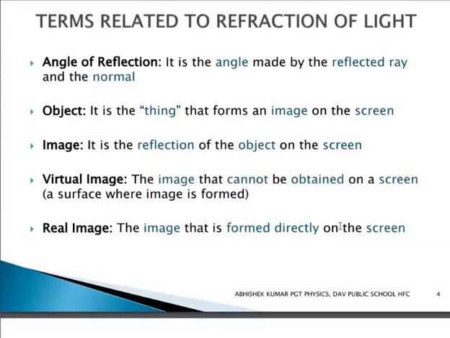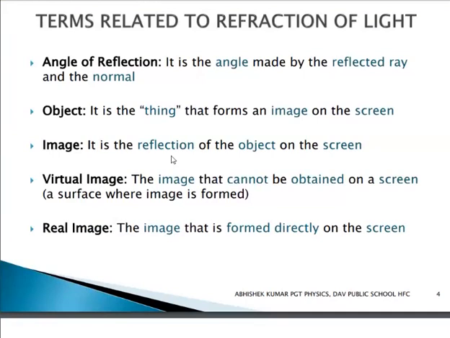So now come to the point here. Virtual image is a type of image which is formed not by actual intersection of incident ray and reflected ray. Instead, it is formed by virtual intersection of incident ray and reflected ray. That means incident ray will be real, but reflected ray cannot be really intersecting.